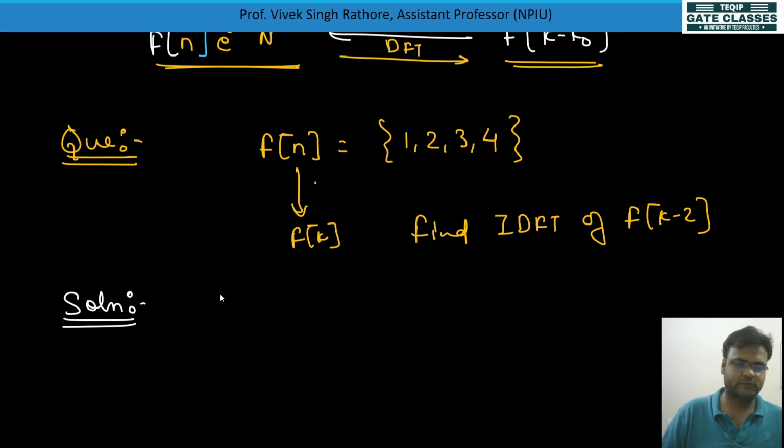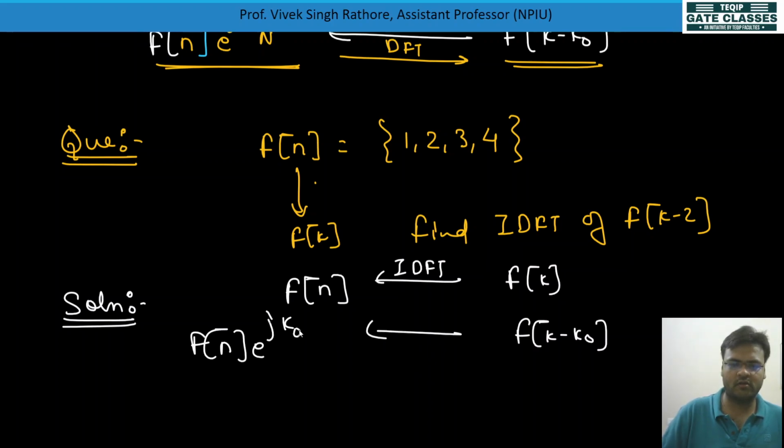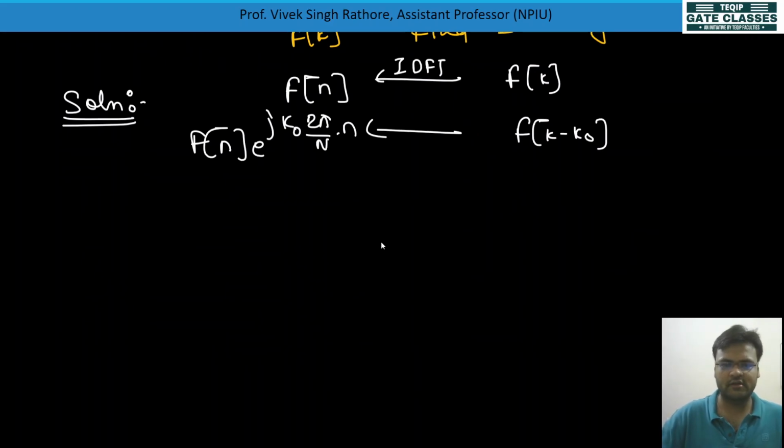Okay, so as you know, f of k has IDFT value f of n. So f of k minus k naught will have IDFT of f of n e to the power j k naught 2 pi by n into n, right? This is the frequency shifting. So let's do it.